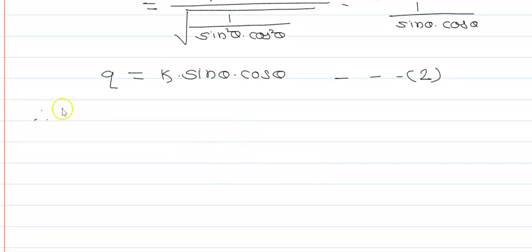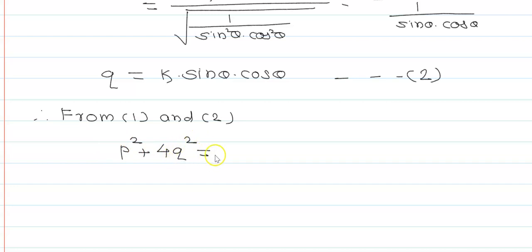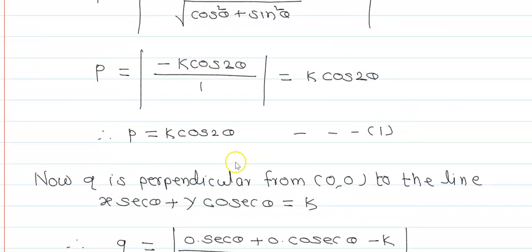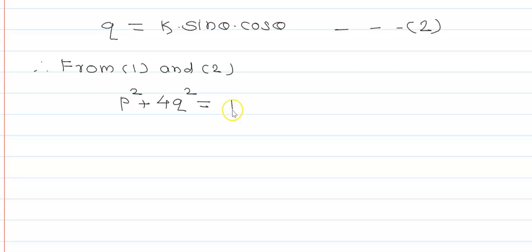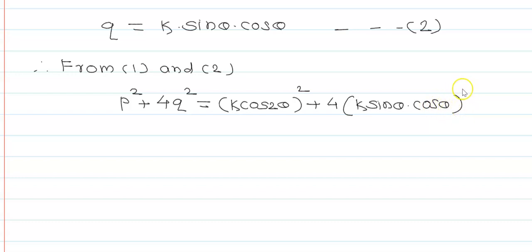Therefore from 1 and 2, what is that? p square plus 4q square is equal to, what is the p square here? p square is k cos of 2 theta, in bracket square, plus 4q square means what? 4 into k sin theta into cos theta whole square.